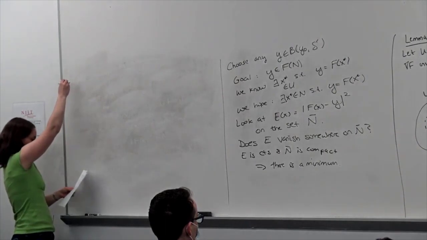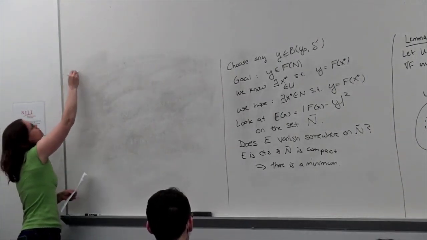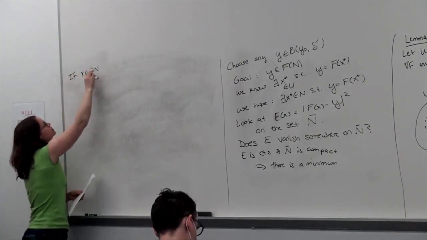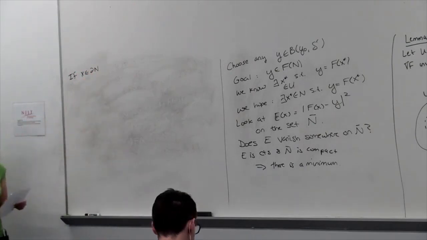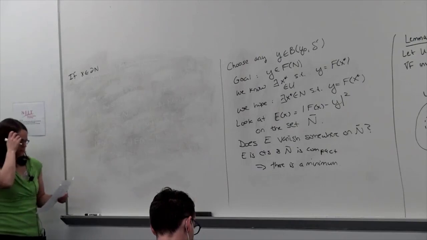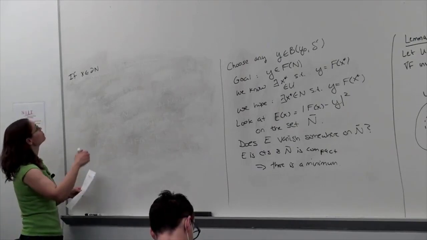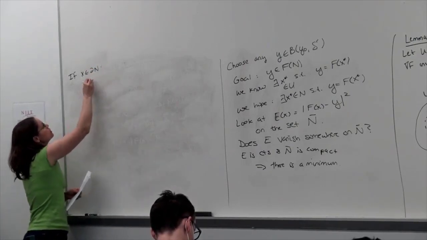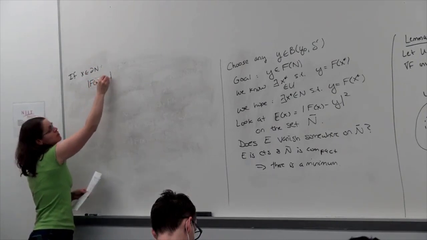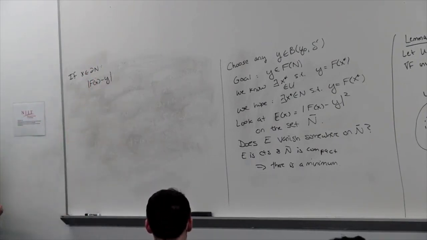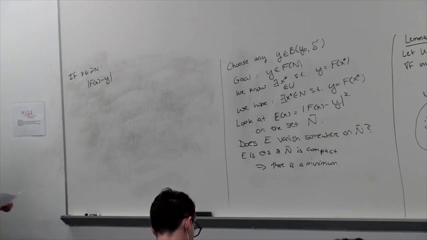So first possibility is if x is a boundary point. All right, so let's see what we know. We've kind of written down things like this before.